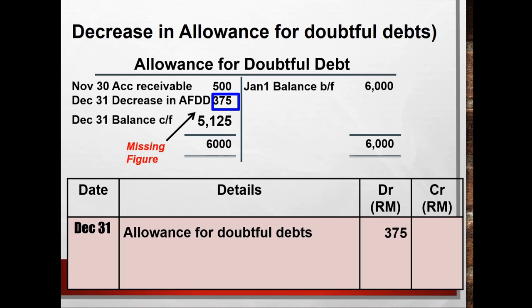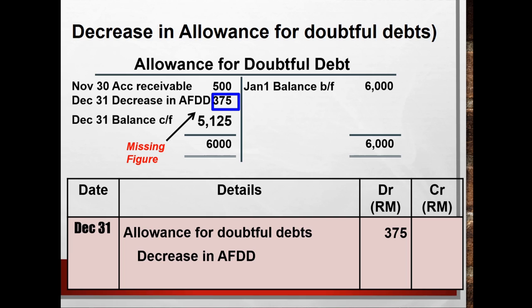We call that decrease in allowance for doubtful debt, and we must record it in other income in the statement of income, because the allowance for doubtful debt from last year, 6,000, compared to this year, 5,125, means it will increase the net profit of 2019 in the statement of income.